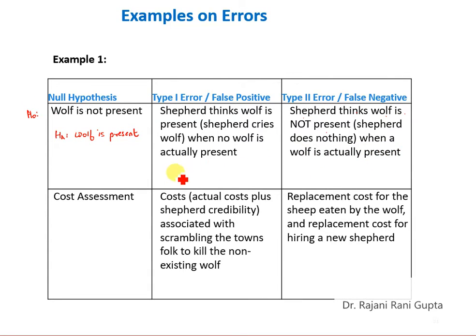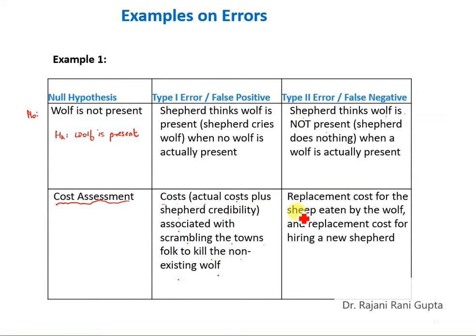So how do these two types of error affect us? We can generalize it as a cost assessment. Here the cost will be the actual cost plus the shepherd's credibility, the cost associated with scrambling the town's people to kill the non-existing wolf. Because when he is crying that the wolf is there, all the people will gather and waste their time.